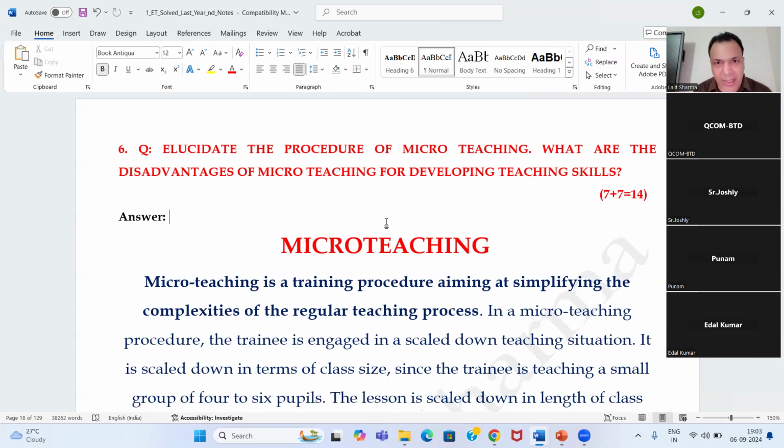Many teachers come directly into the class and start giving instruction into the minds of the students. This is not teaching. Basically, first of all, you have to make the students ready. You have to ask some questions so that students are ready to learn.